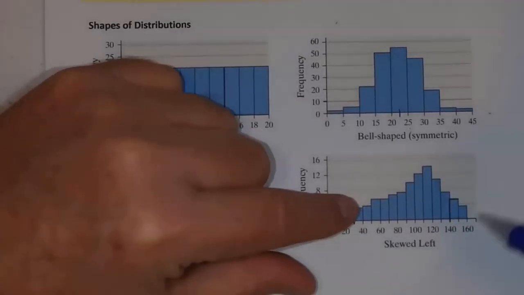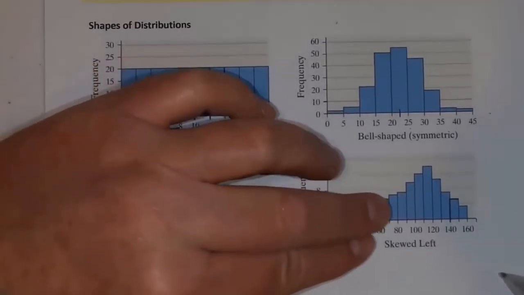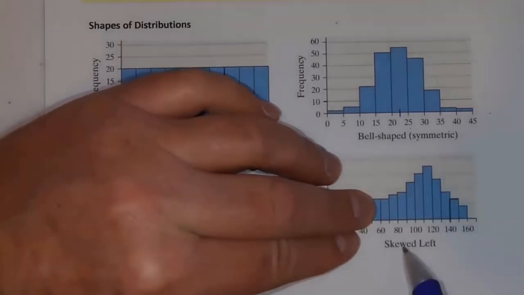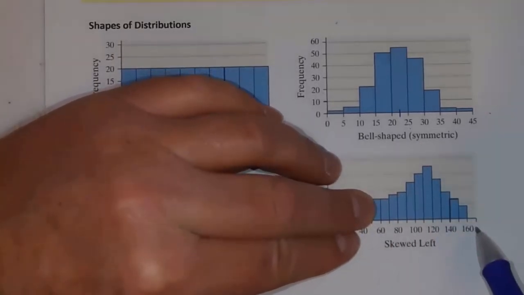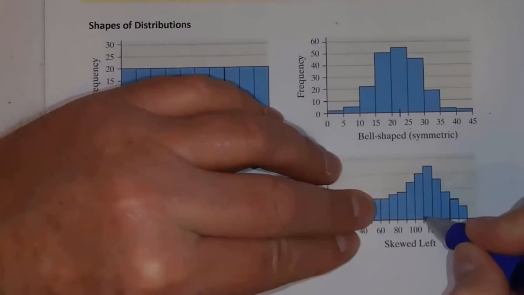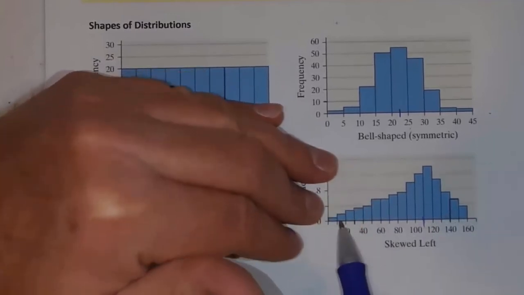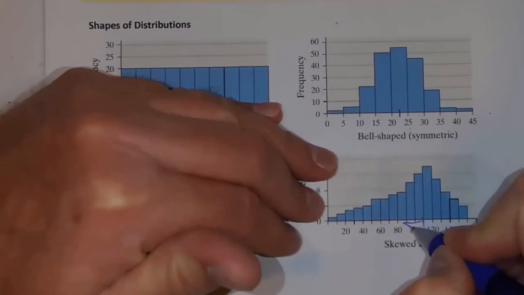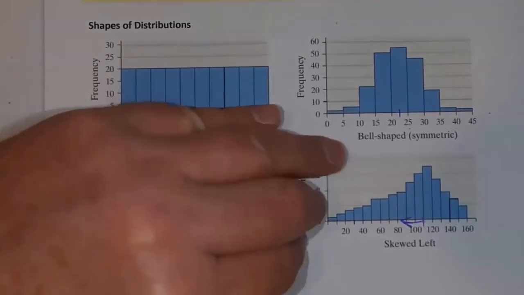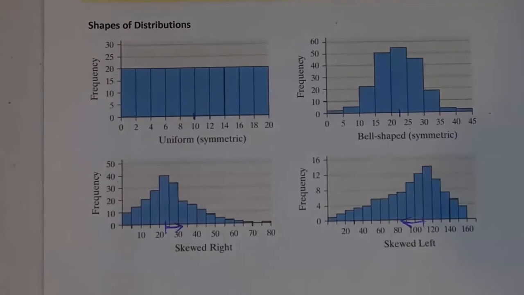And then I could make the same argument about the left. Most of these data values are from like 60 to 160, right? So if I averaged, I should get somewhere around in here maybe. But because I've got these few small values, that's going to pull the average down. It's going to pull it to the left. So that's why it's called skewed left.